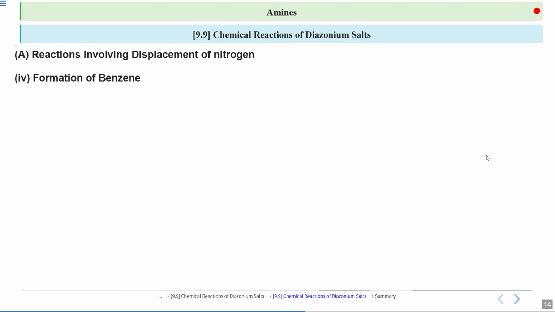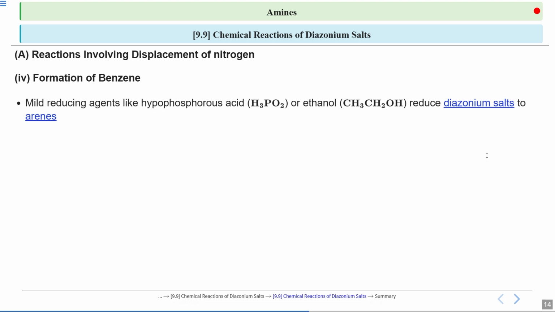Now we will see the formation of benzene from diazonium salts. This is a very classic example where the nitrogen group is replaced, and it is especially important in the synthesis of aromatic compounds. Mild reducing agents like hypophosphorus acid, which is H3PO2, or ethanol, which is CH3CH2OH, can be used to reduce the diazonium salts to arenes.